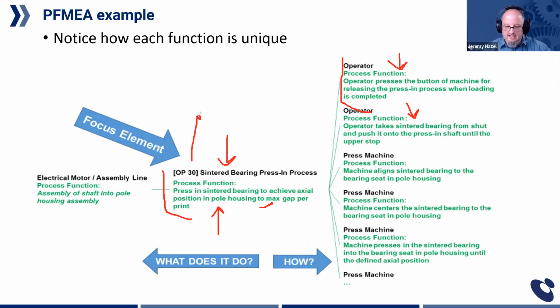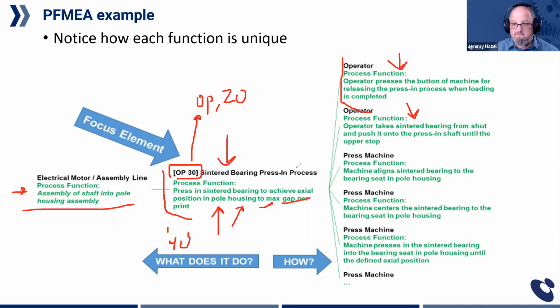And now let's say this is Op20, and let's say there's an Op40 downstream. Can I task Op30 exclusively with assembling the shaft into the pole housing? No. All it can do is press the bearing to the max gap. That's it. Simple.